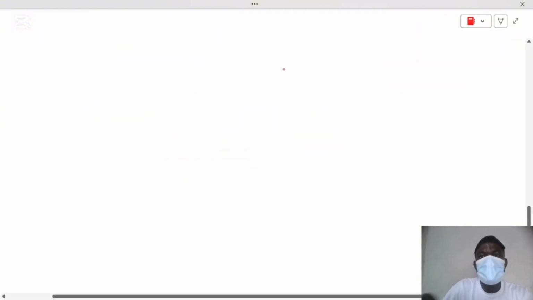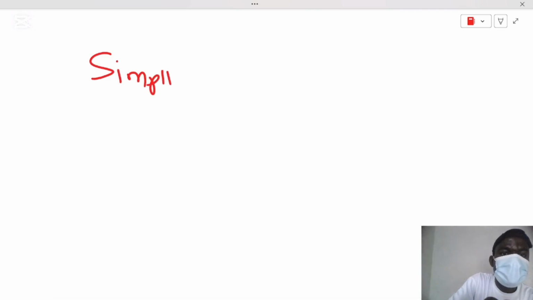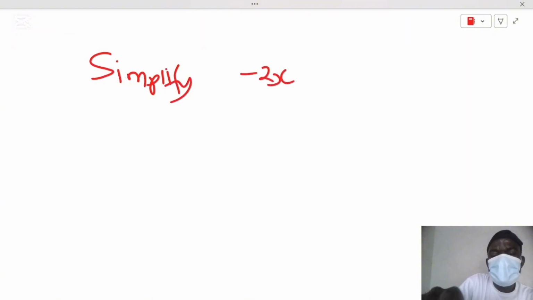Let us look at the second example. We are told to simplify the following: negative x squared minus 6x.